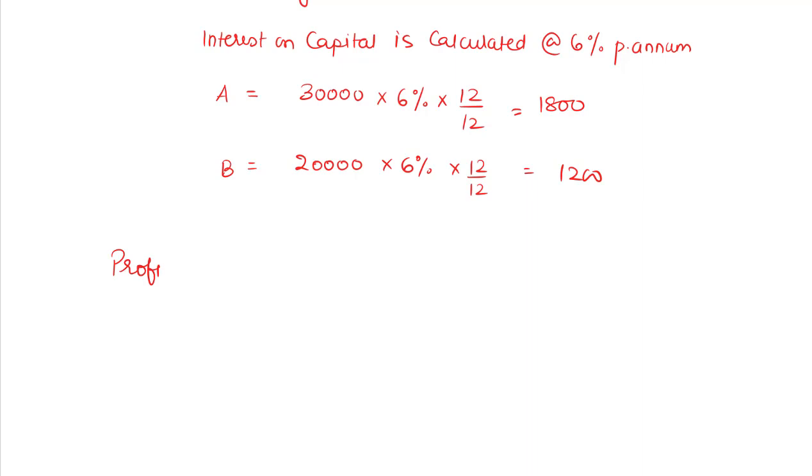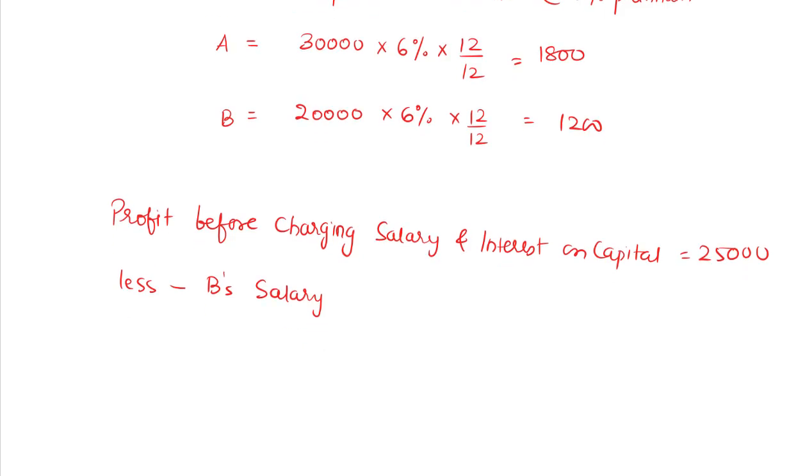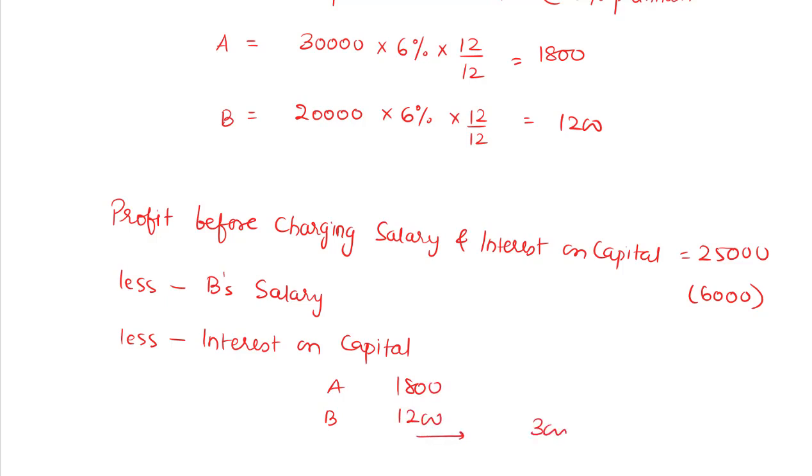Profits of the firm, profit before charging salary and interest on capital is 25,000, less salary, B's salary 6,000, less interest on capital, A and B 1800, 1200, that is 3,000.